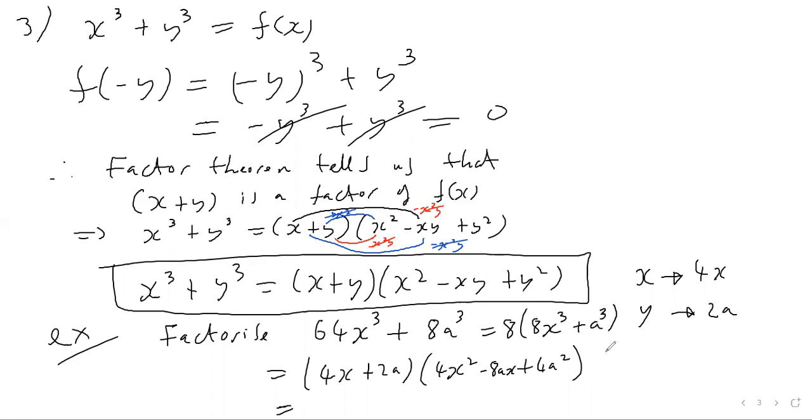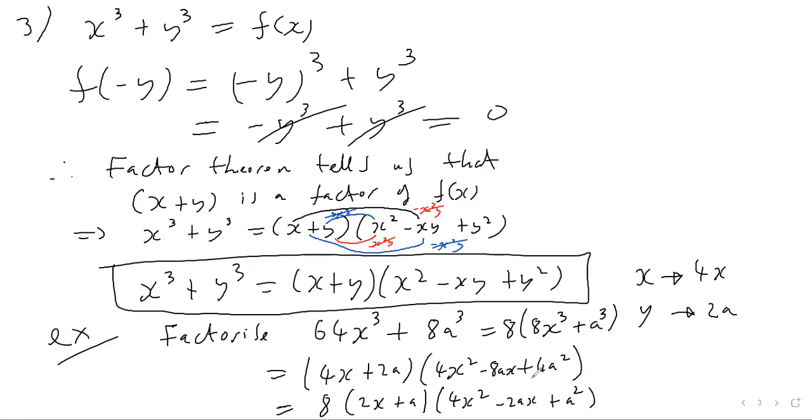So if we factorize using the formula with this factor, we would get 8 multiplied by 2x plus a, and then times 4x squared, and then the a squared, and then negative 2ax in there.